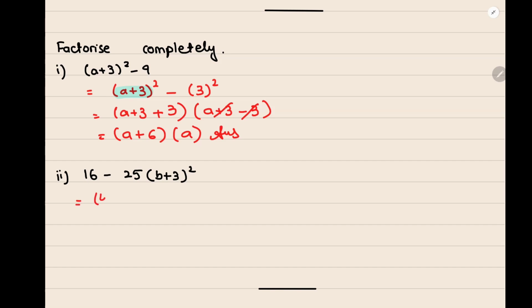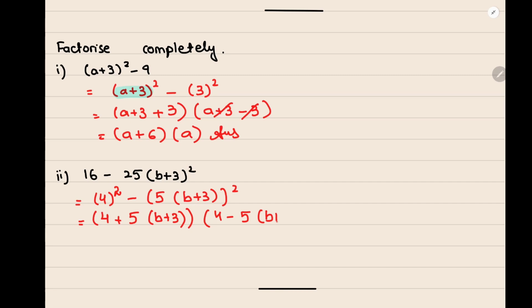For the second question, 16 will become 4 squared minus, and this whole thing will become 5b plus 3 whole squared. Now 4 is my a, so a plus this whole thing is my b: 4 plus 5b plus 3, or 4 minus 5b plus 3.